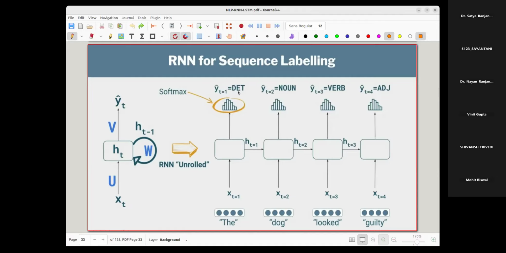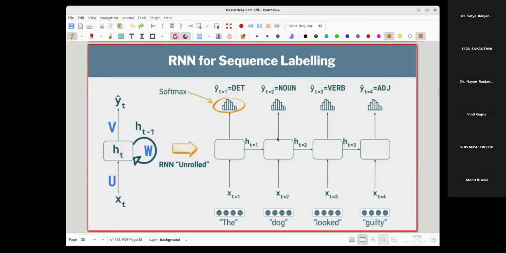Okay, so for that, the first word "the" is given as input to the RNN, it processes, and output will be created. Now, as it's not binary because there can be many possible outputs, we have to use a softmax and it produces a determiner. In the second time step, you give "dog".